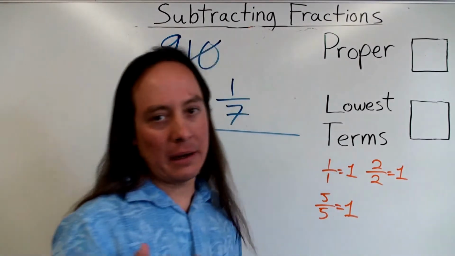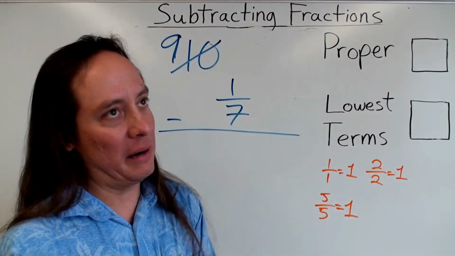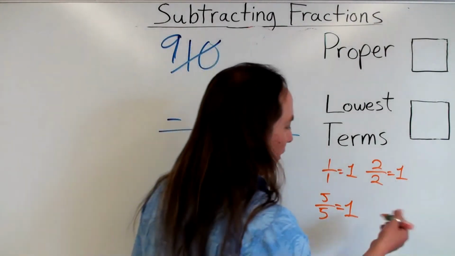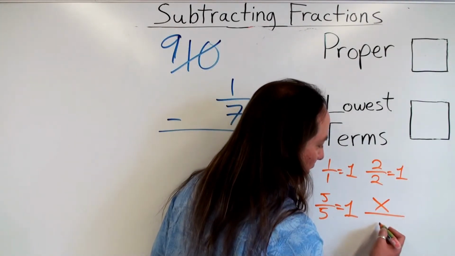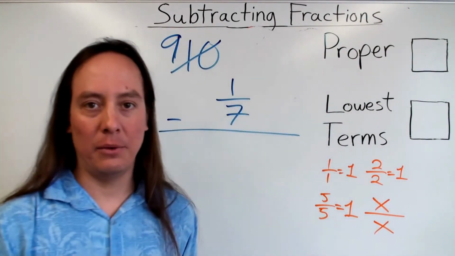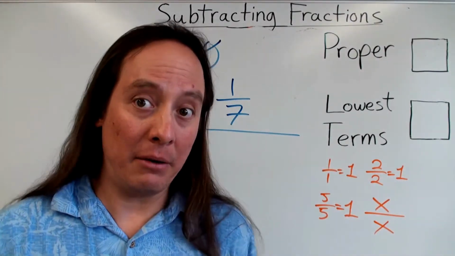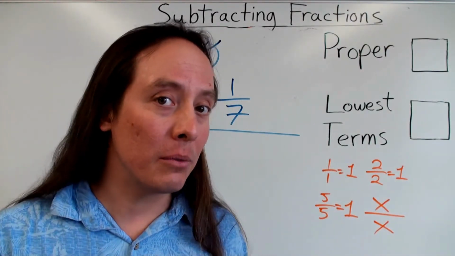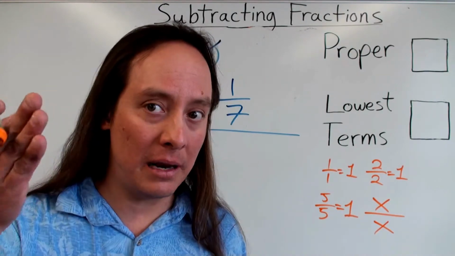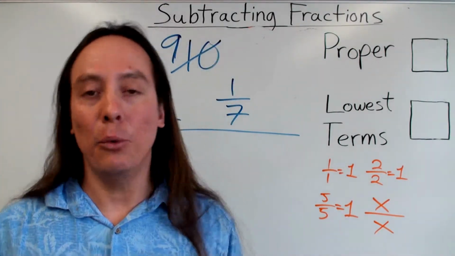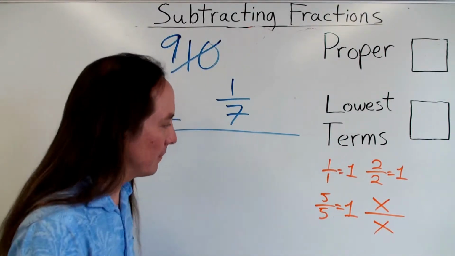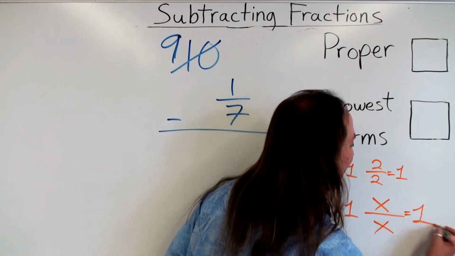And so I guess you guys are seeing the pattern here. Any number divided by itself is 1. And later on in algebra, you might see x divided by x, where x is an unknown number. But I don't care if I don't know what the number is. What I do know is that if I take that unknown number and divide it by itself, it's got to equal 1. Okay? It's going to equal 1.